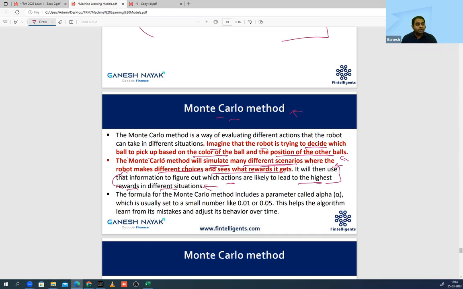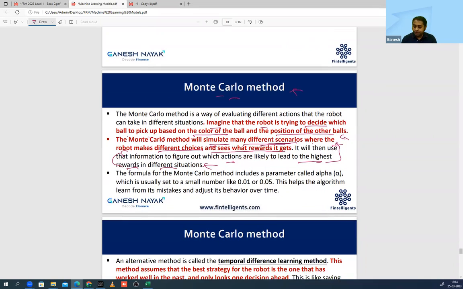So on the basis of the performance on a variety of situations, whether the robot picked this ball or a ball of some different shape, whatever the scenario, every time whether it's getting a reward or a penalty. Okay, so the robot has seen so many simulations, and then on the basis of that, it will decide that this is the right approach for me to take the action, based on the simulations that I've undergone. Now in this, you will use some parameter for alpha.